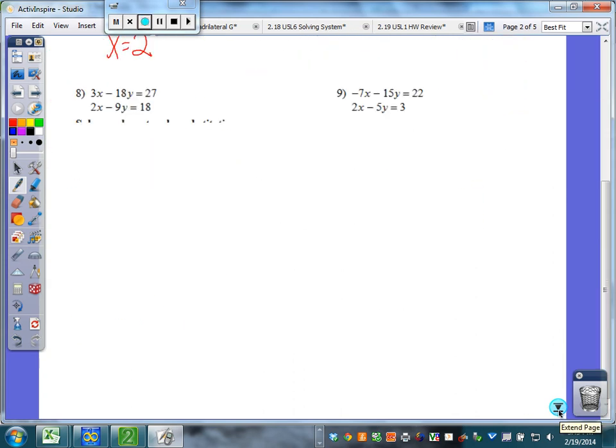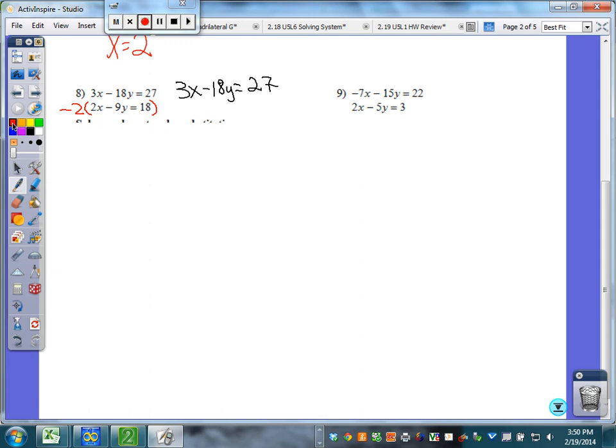We'll do one more where we have to multiply one of the equations by a number to get them to cancel out. If I was to multiply the bottom here by negative 2, I would get a positive 18 and I can get my y's to cancel. So let's multiply the bottom by negative 2. We'll carry the top equation over, which is 3x minus 18y equals 27.